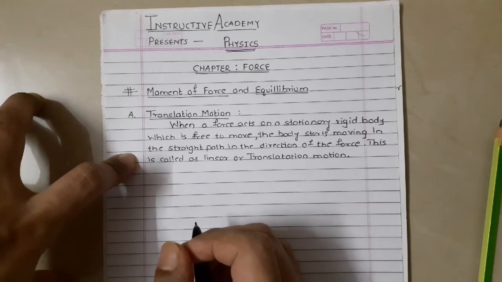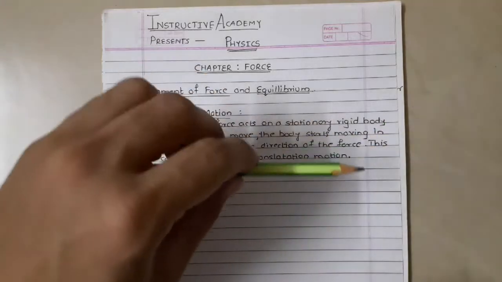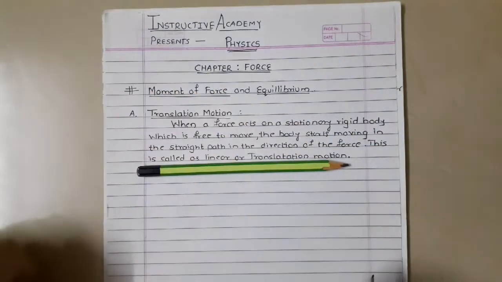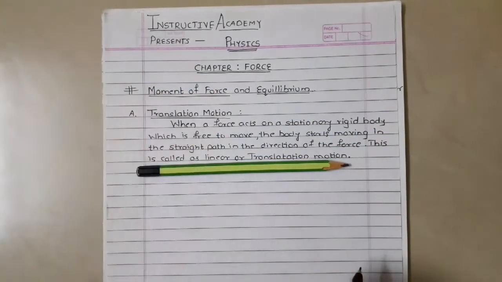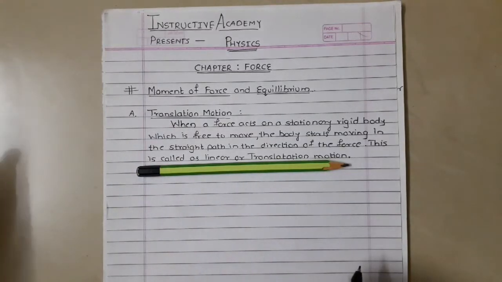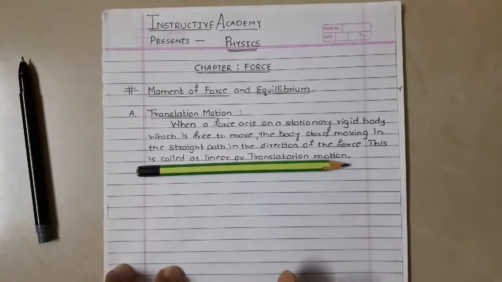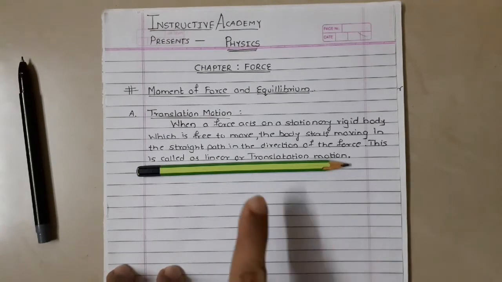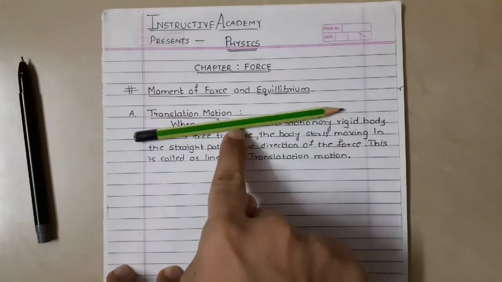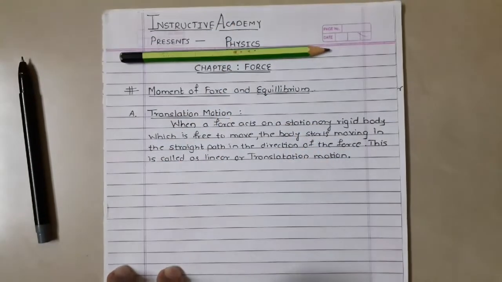Let me explain with a practical example in front of you. Let's take this pencil. If this is a stationary object, free in space, no forces applied to this object, and I apply a force on this body in this way, this body is going to slide.